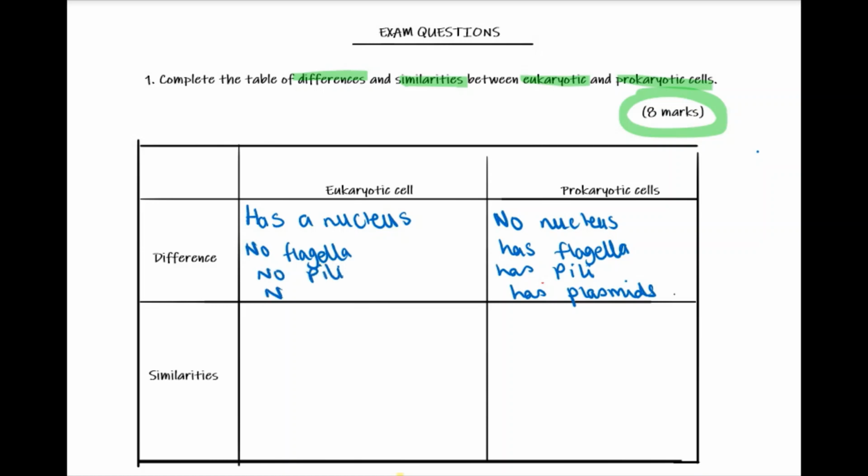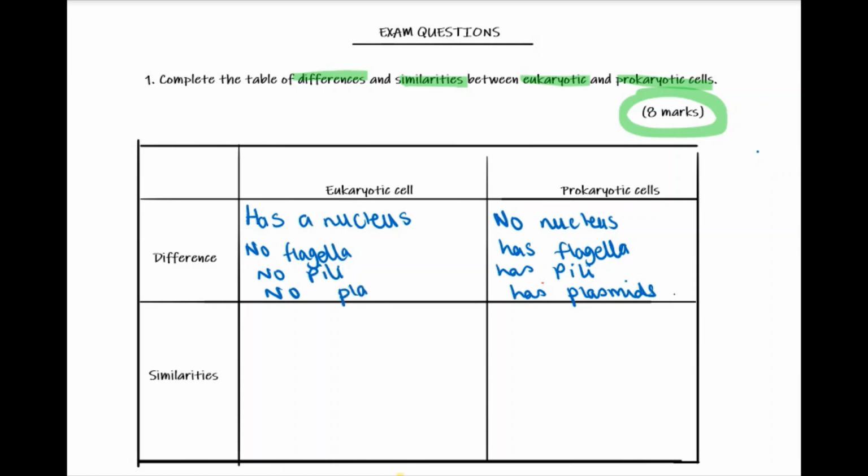In the same way, we also know that the prokaryotic cell has a flagella, it has pili, it has plasmids. And the eukaryotic cell doesn't have any of these, so it has no flagella, it has no pili, and it has no plasmids.